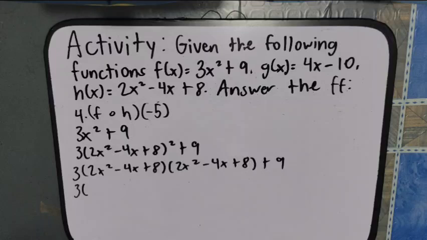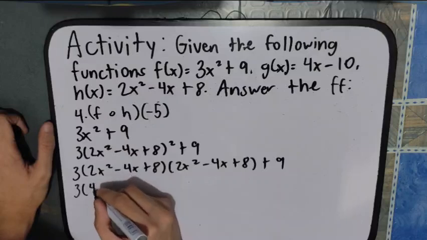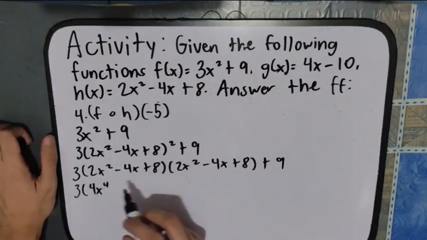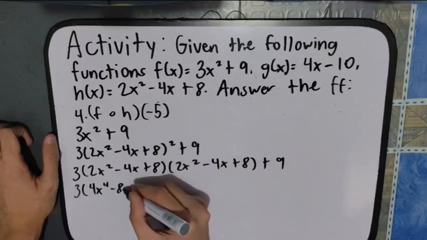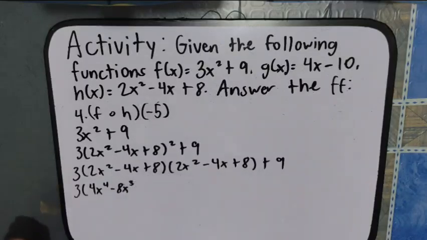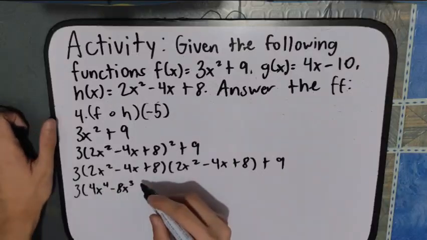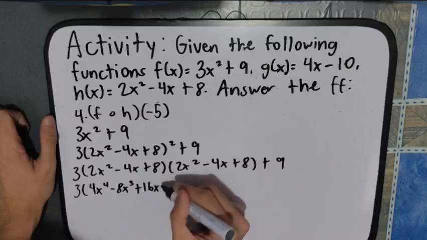We're going with the first term first. 2x squared times 2x squared, we have 4x raised to 4. 2x squared times negative 4x, we have negative 8x cubed. 2x squared times positive 8, we have 16x squared.